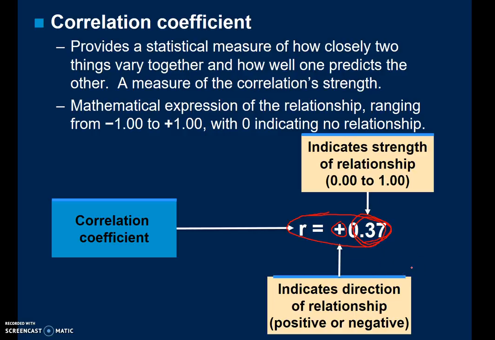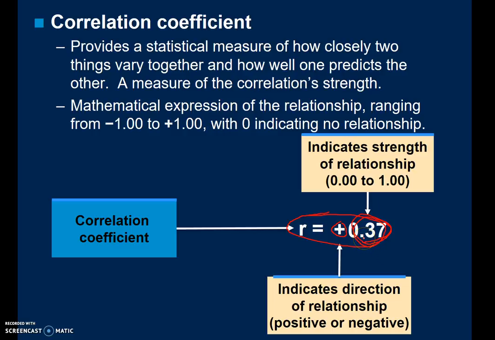It tells us how tight the scatter plot would look. Any number close to 0 would be considered weak. Any number close to 1 would be really strong. And this is a positive correlation, so we know the scatter plot is upward sloping to the right. It means values of both variables are high together or low together.